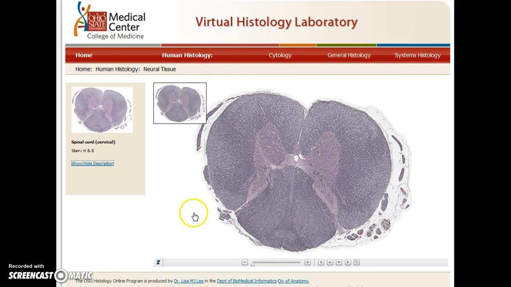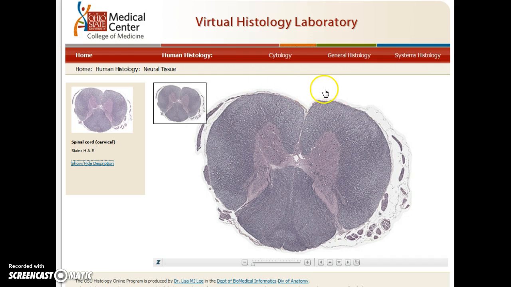Okay, so a few other features that we have. First of all, let's orient ourselves front to back, or anterior and posterior. This is a little bit backwards from some other slides that you'll see. This is actually the dorsal or the posterior portion, and this is going to be the anterior.